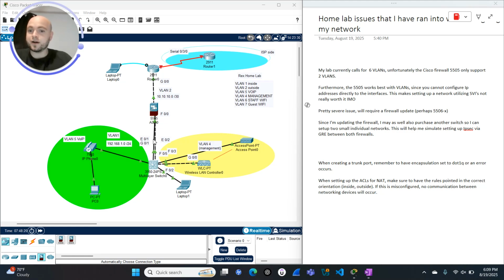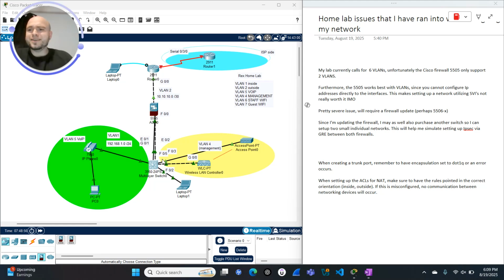You can't actually specify an interface on the 5505, this firewall, to say, okay, I want FastEthernet 0/0 to have this IP address. It doesn't work like that. With the firewall, you make a VLAN, you make it an inside or outside VLAN, and you bind it to a certain interface. So the interfaces don't actually have IP addresses. It's the VLAN's IP address that you're using on the interface. So it's not really like SVIs.